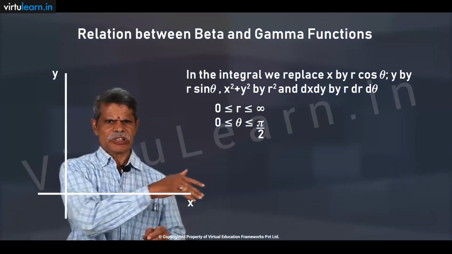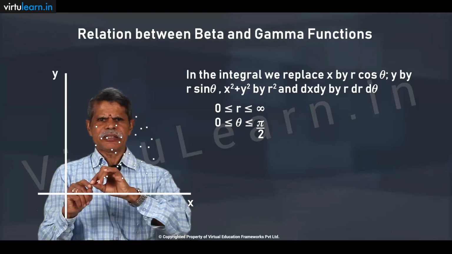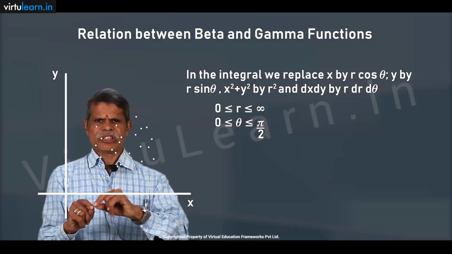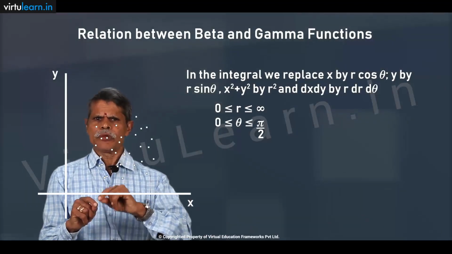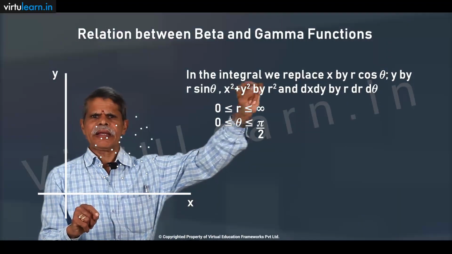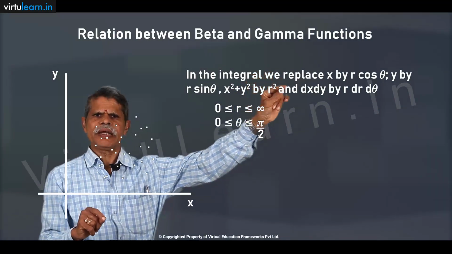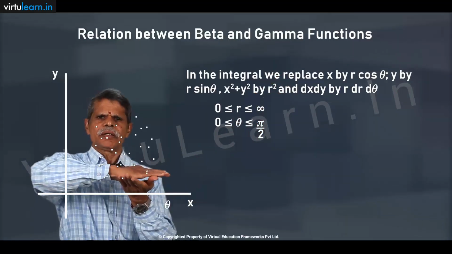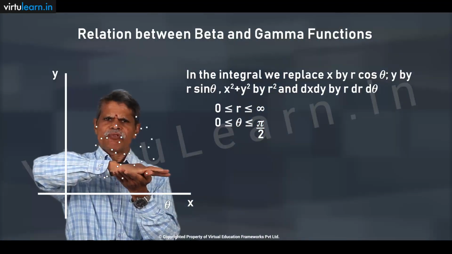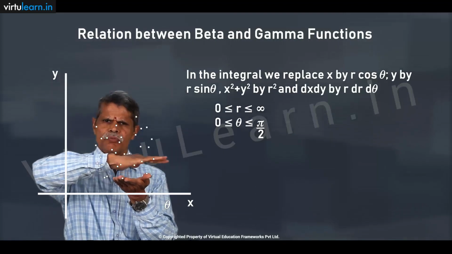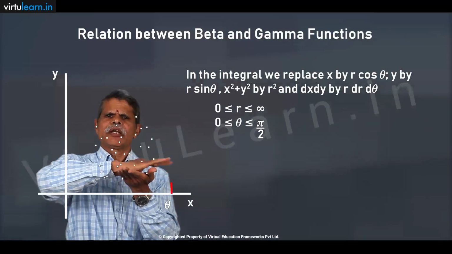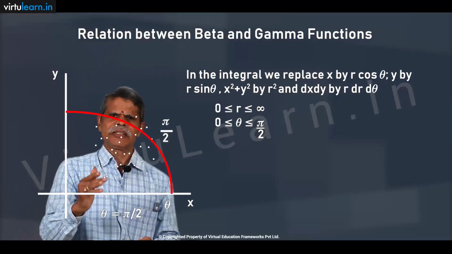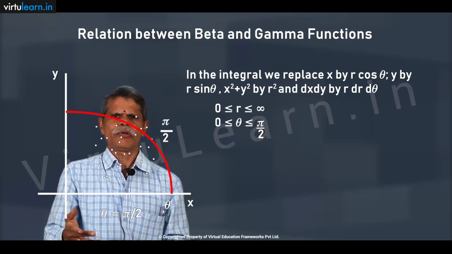Because when you consider the first quadrant, r, the radial distance of any point of the first quadrant, will be 0 when the point lies at origin, and it can increase and go to infinity as we go to points far away. Theta is 0 for the first positive direction of x-axis, and it becomes pi by 2 for positive direction of y-axis. So theta changes from 0 to pi by 2.